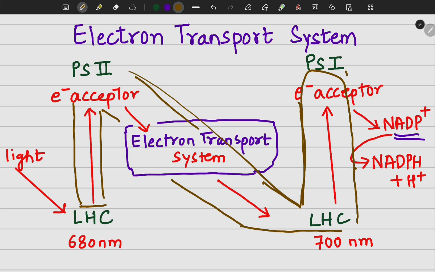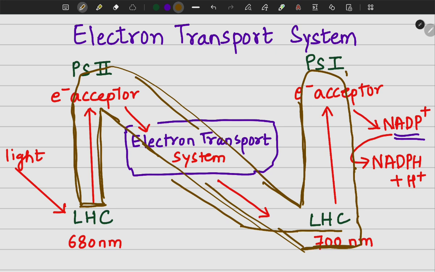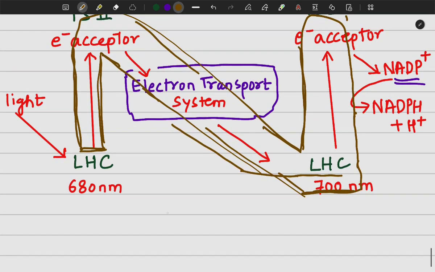If you look closely, it looks like the letter Z. So this scheme of movement of electrons in the electron transport chain along with PS2 and PS1 is called the Z scheme, because of its characteristic shape, which resembles the letter Z.